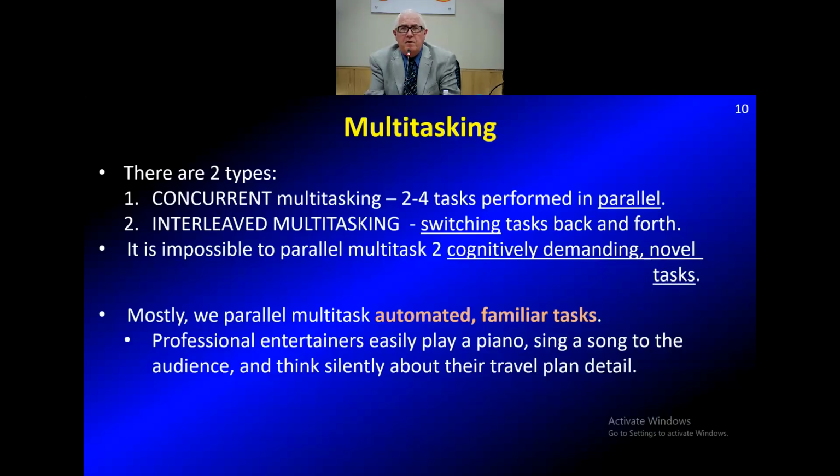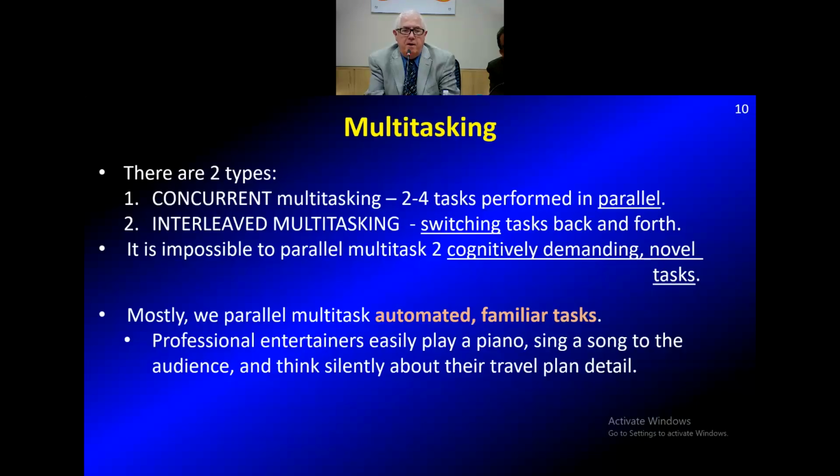To come back to the next type of multitasking, it's called interleaving multitasking. That's when we try to deal with 2 novel, cognitively demanding tasks. It is impossible to do that in parallel. So the only way to handle that challenge is you have to keep switching back and forth between the 2 tasks.